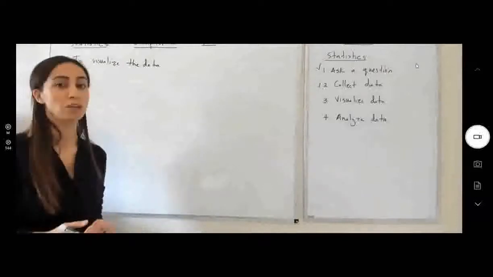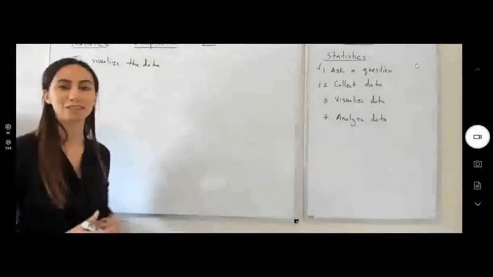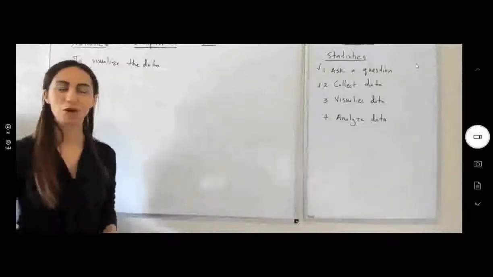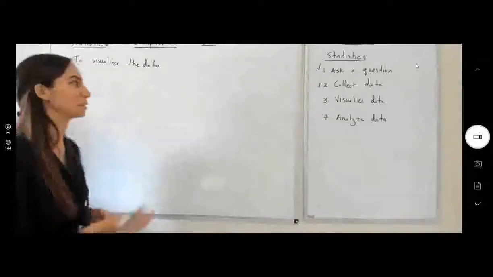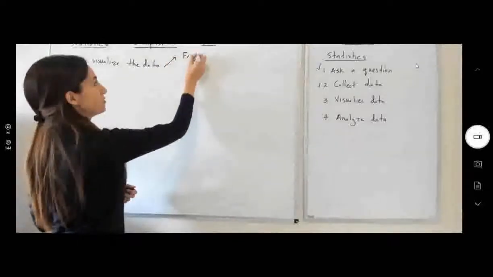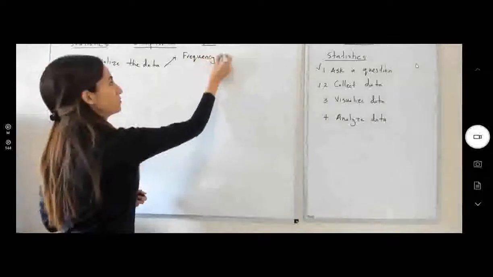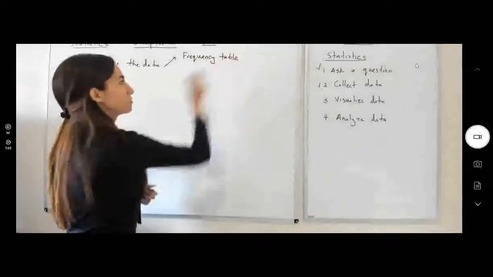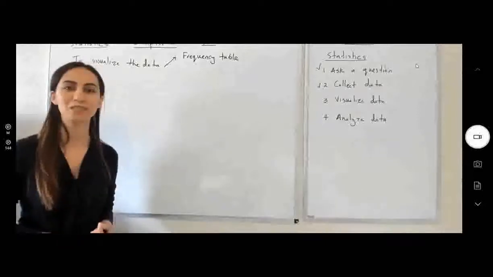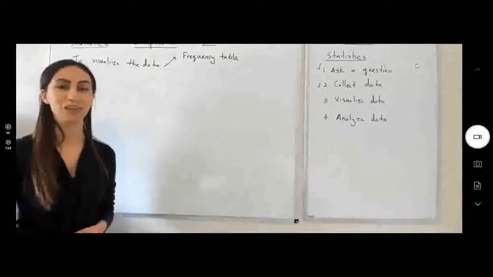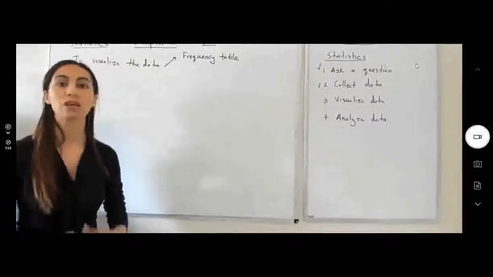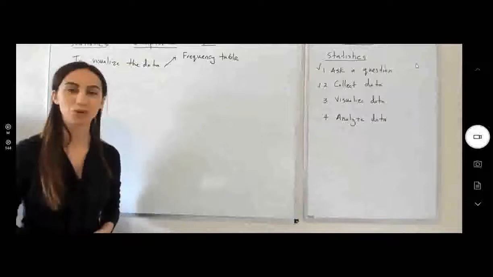First of all, you can take all the data that you have and form a nice table that we call frequency table. This table shows how many times one value in your collection is repeated. So it shows repetition in your collection.